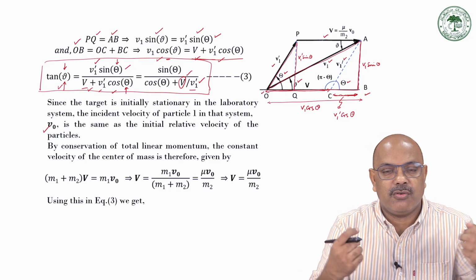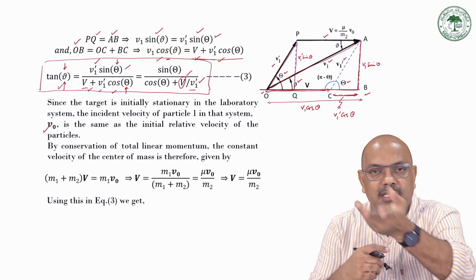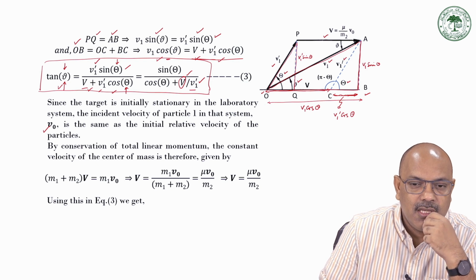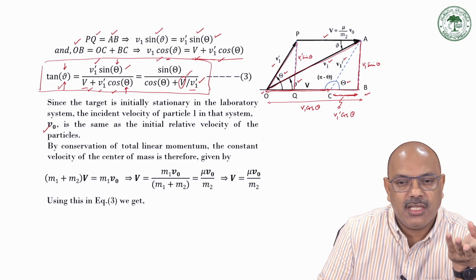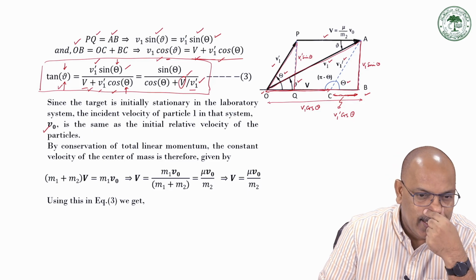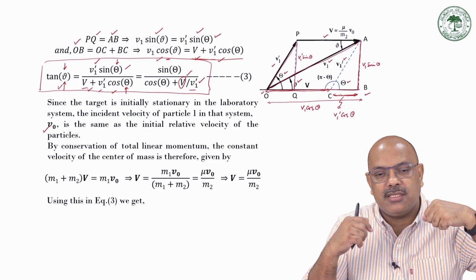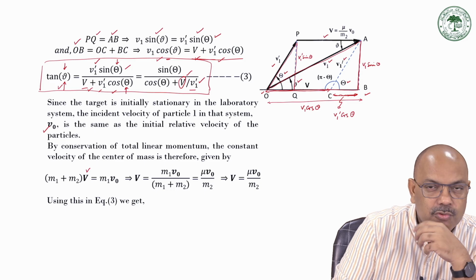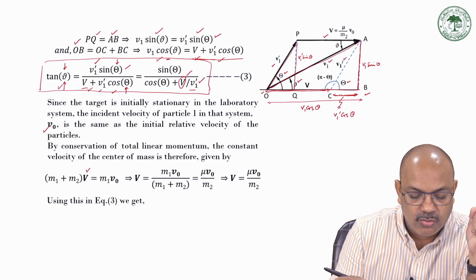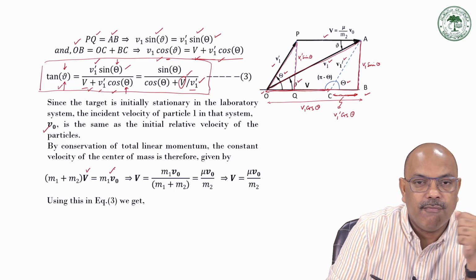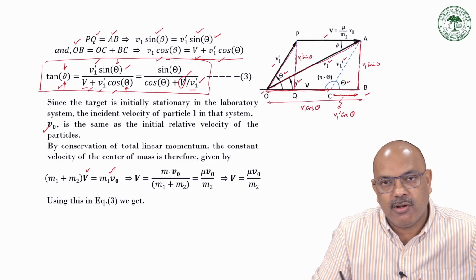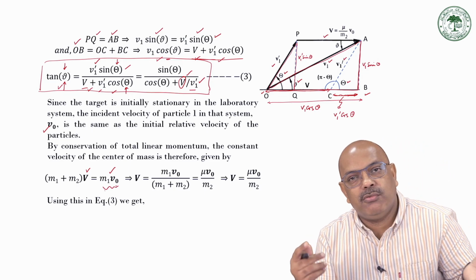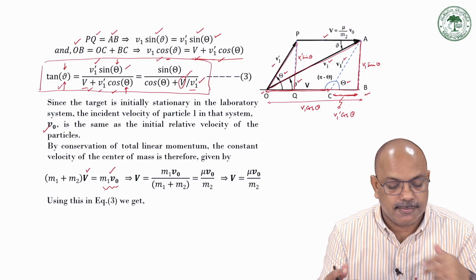So by the conservation of linear momentum, the center of mass of the two particles gives (m1 + m2) V equals m1 v0, where V is the velocity of the center of mass.